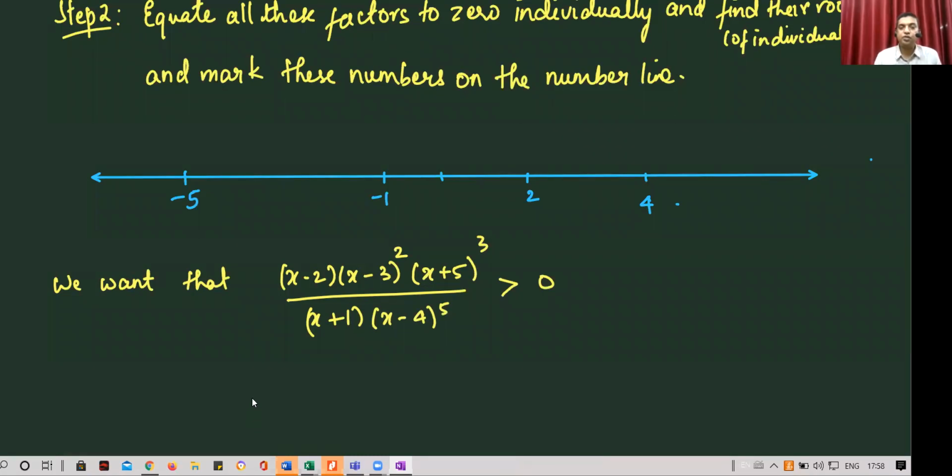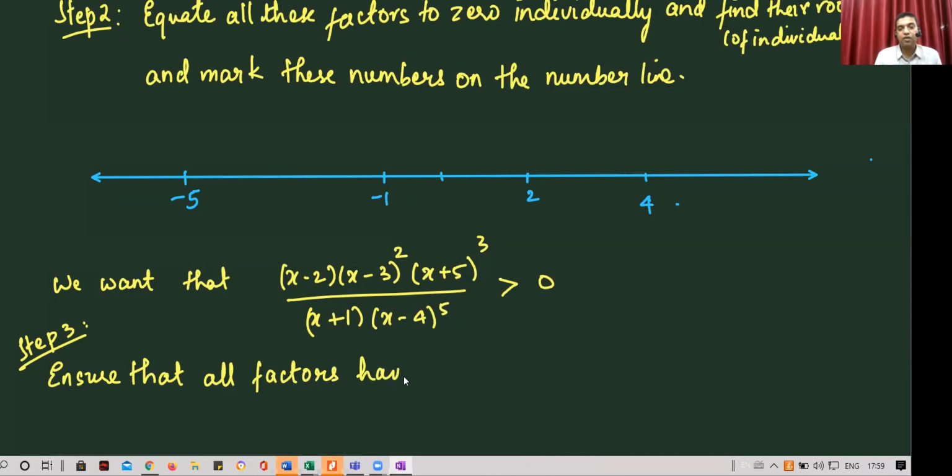You can write equal to 0 also. Now, for this to be greater than 0, first ensure that, this is step 3. Ensure that all factors have positive coefficient of x.